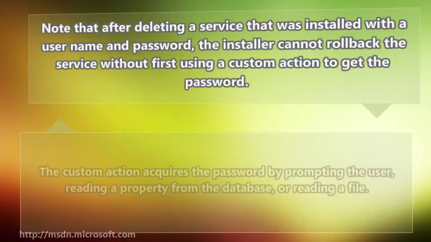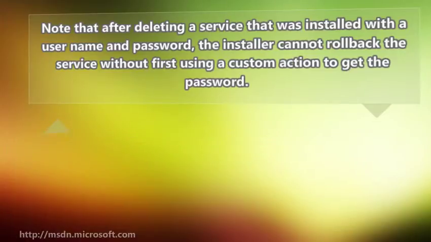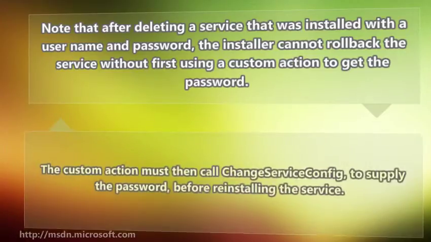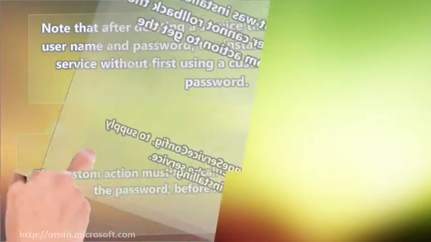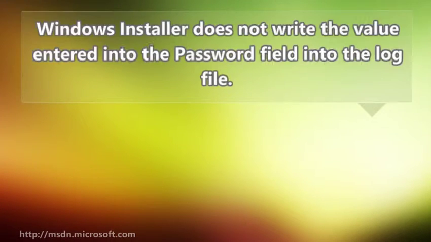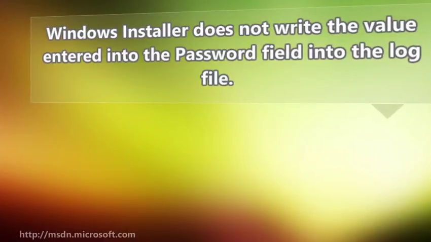The custom action acquires the password by prompting the user, reading a property from the database, or reading a file. The custom action must then call ChangeServiceConfig to supply the password before reinstalling the service. Windows Installer does not write the value entered into the password field into the log file.